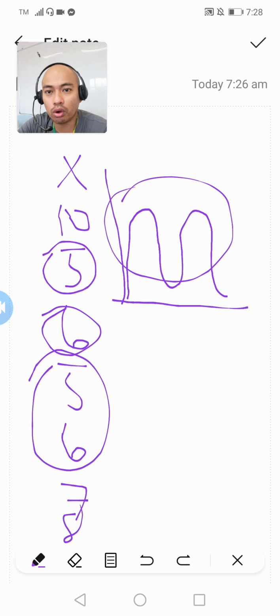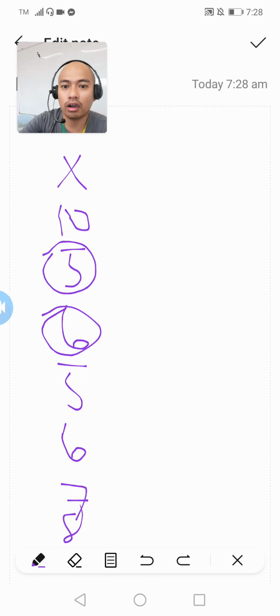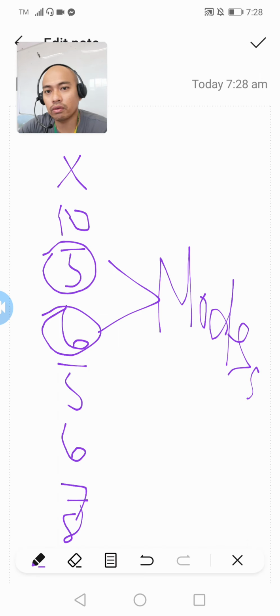However, this given example is a bimodal. There are two modes in that particular data, and this will be the graph. So 5 and 6 are the modes of our given distribution. I hope you understand the discussion.